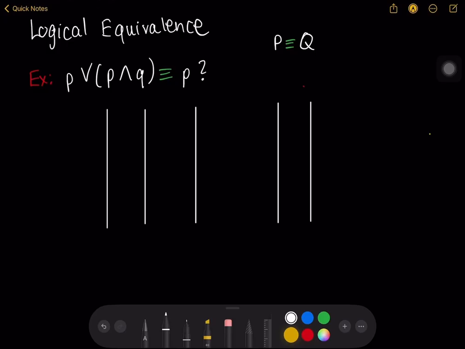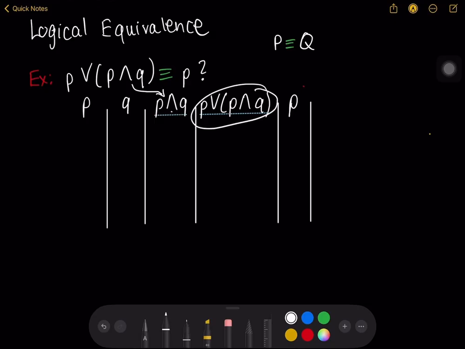Okay, so we have P, Q, P and Q, P or P and Q, and then P. So P and Q are our variables, and this part, P and Q, is the parenthesis.